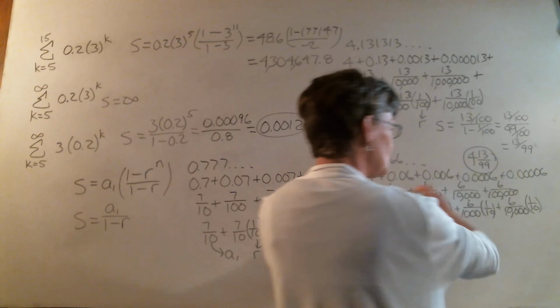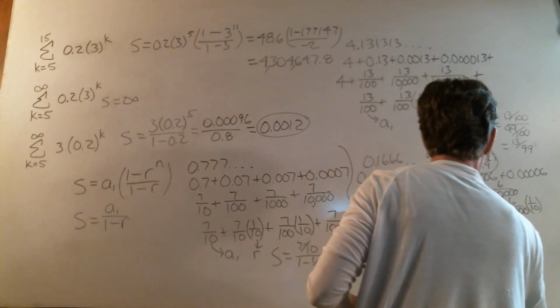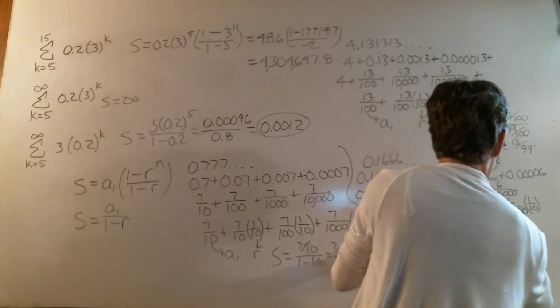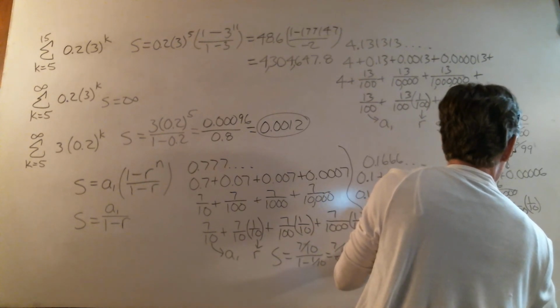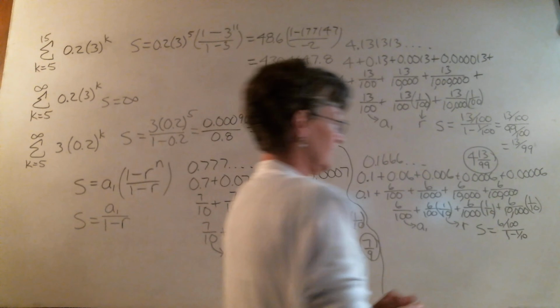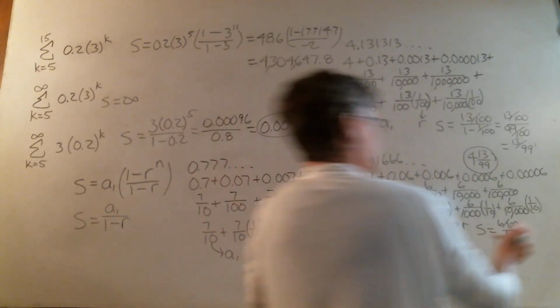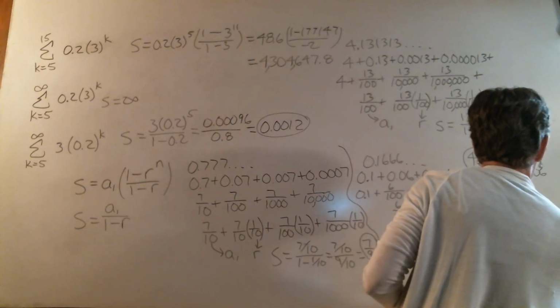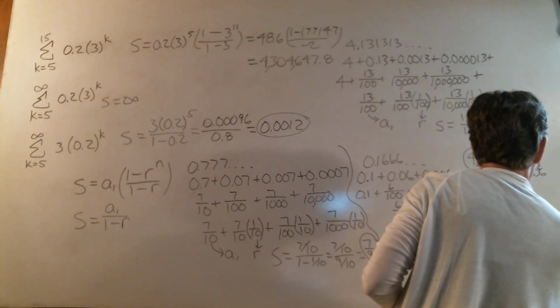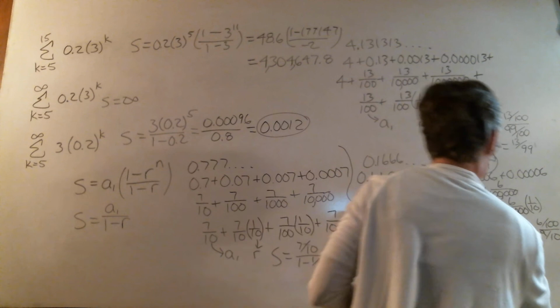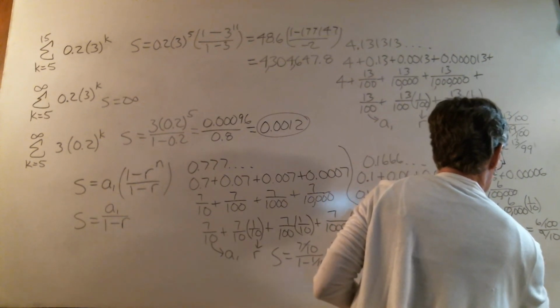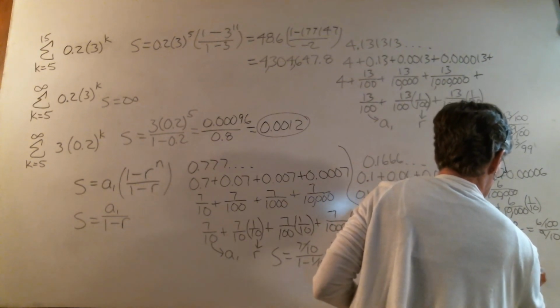So when I do the sum of this repeating decimal part, I have 6 over 100 over 1 minus 1 over 10, okay, 1 minus R. Well, this is 6 over 100 and then 9/10, but that's the same thing as 6 over 100 over 90 hundredths.